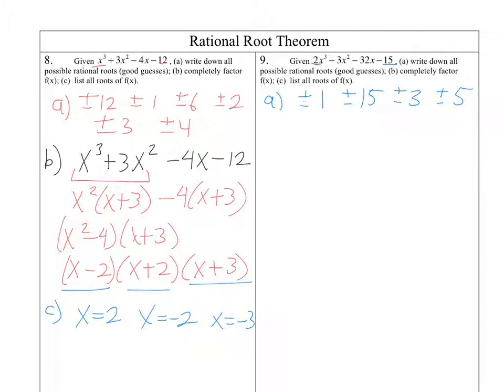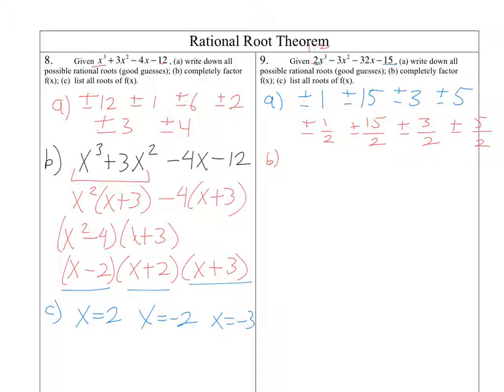Those are all divided by 1, but that's 1 times 2. So you've also got to have plus or minus 1 over 2, plus or minus 15 over 2, plus or minus 3 over 2, and plus or minus 5 over 2. I've got to consider those. I tend to not look at those first, but if I need to, they're there.